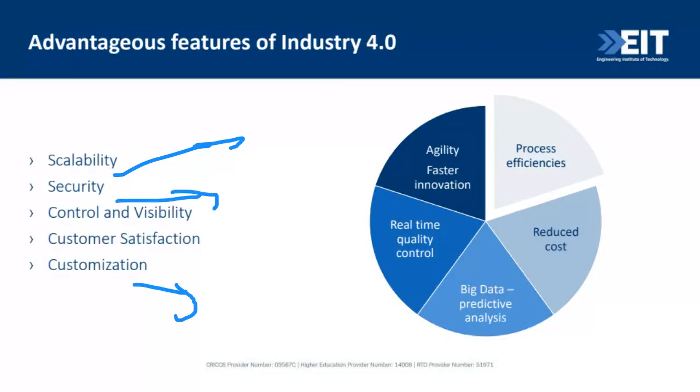Security we already mentioned. With more powerful machine learning and AI technologies, the threats become harder, but security aspects become stronger as well. Control and visibility also become very important. One of the major reasons for Industry 4.0 to work properly is that the operations can now be visible.